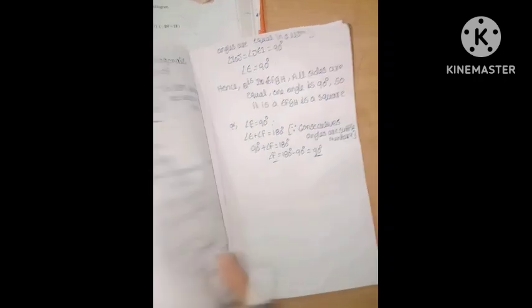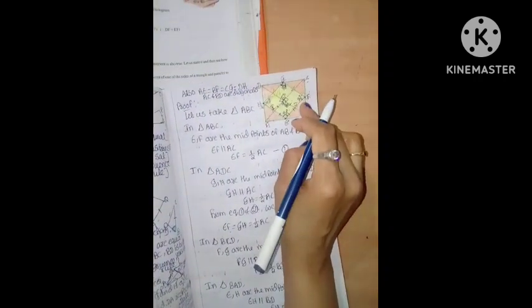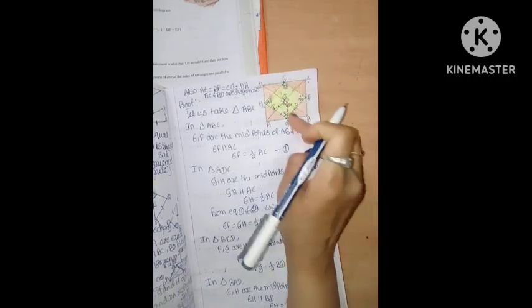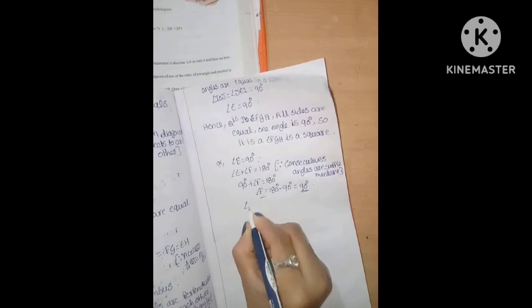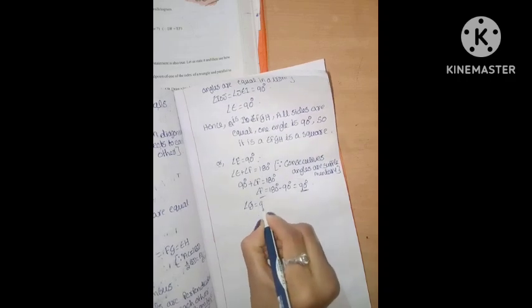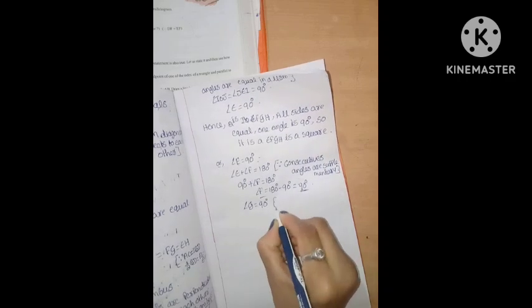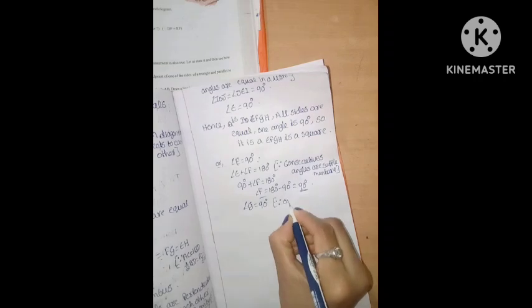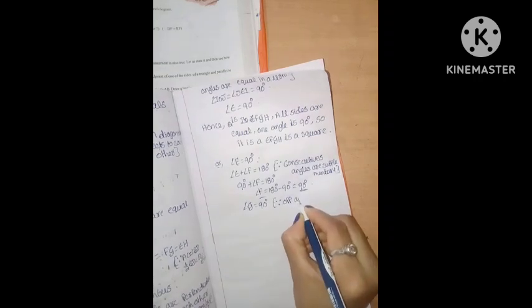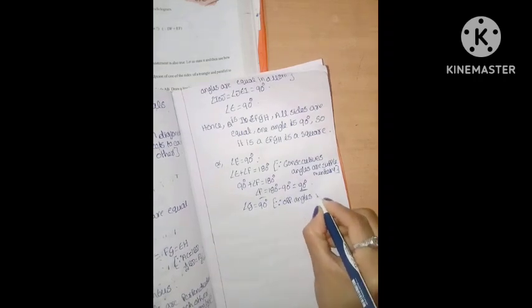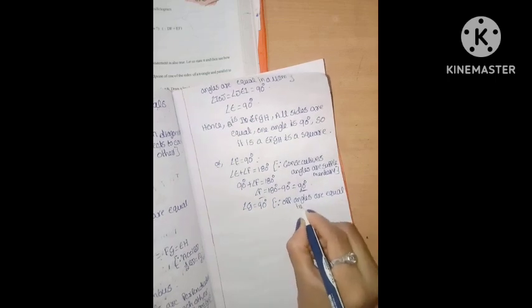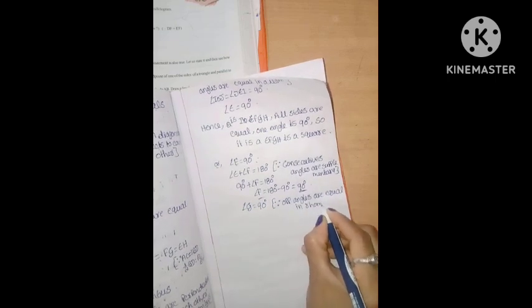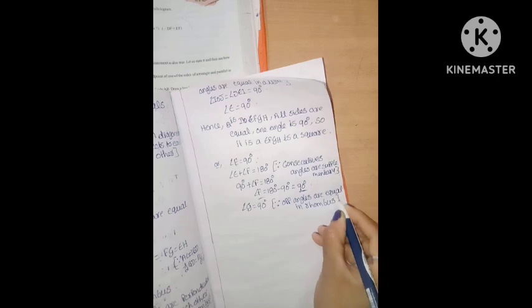Angle G. What's the angle G? In a rhombus, the opposite angles are equal. So angle G is equal to 90 degrees. Why is it equal? Since opposite angles are equal in a rhombus.